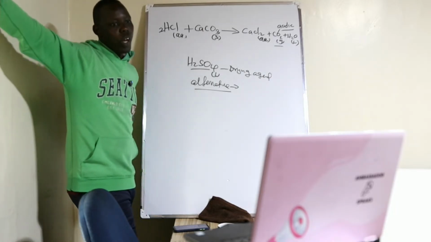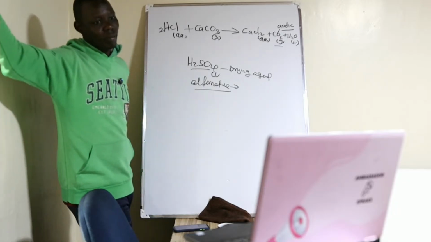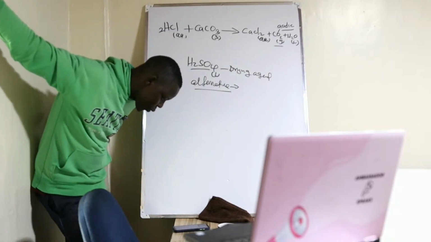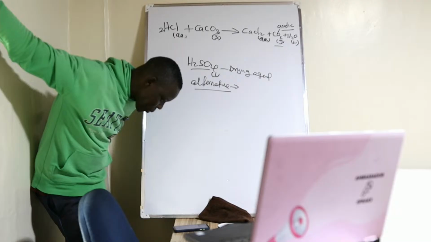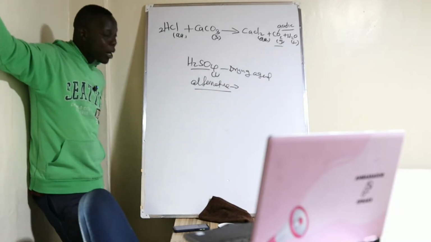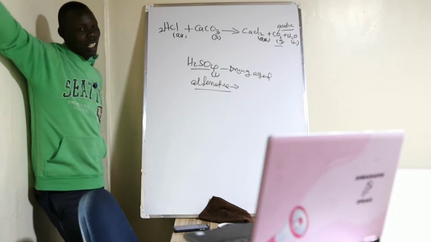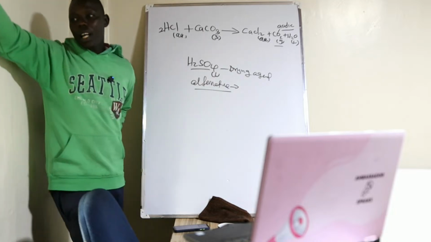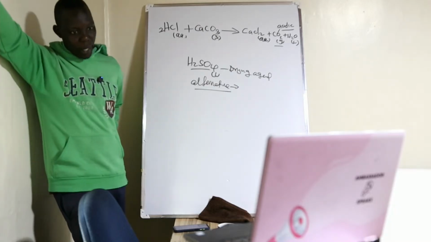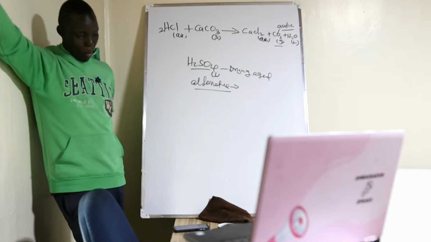Here we will use what we call anhydrous calcium chloride. So who is right? Melvin, your first answer was correct. It is anhydrous calcium chloride. If you write just calcium chloride, you will not get the mark. Do we understand each other? Yes.